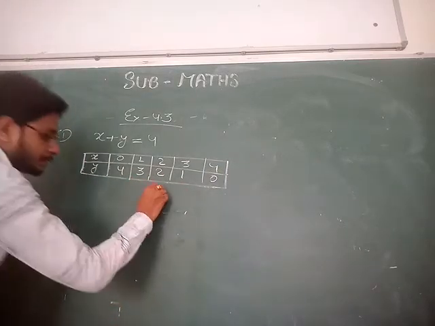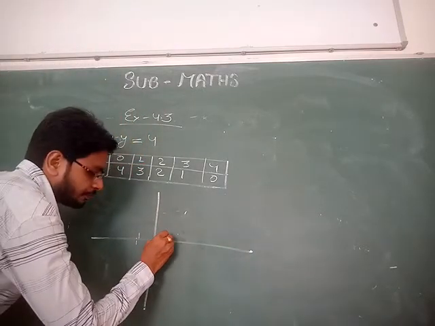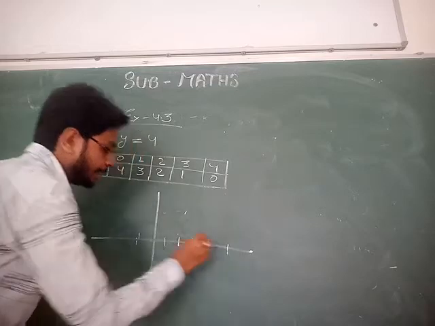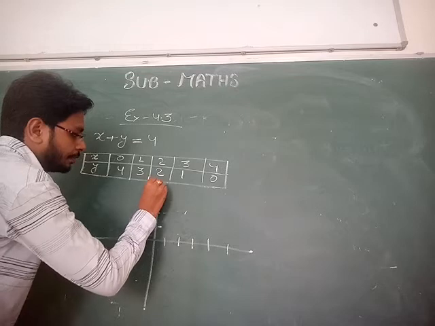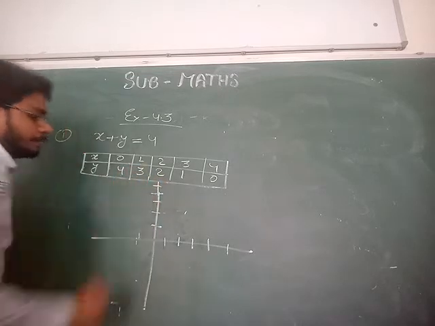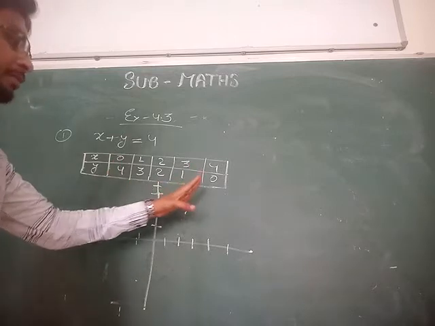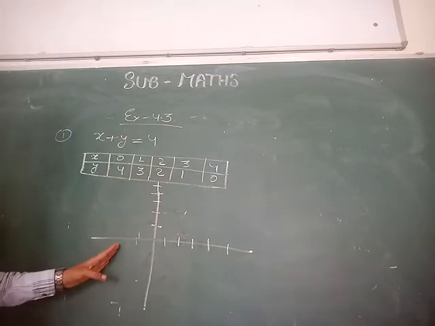Okay, now let's draw a Cartesian plane. That is 1, 2, 3, 4, 5 and 1, 2, 3, 4 and 5. All the points are positive, so we are not drawing the negative part.